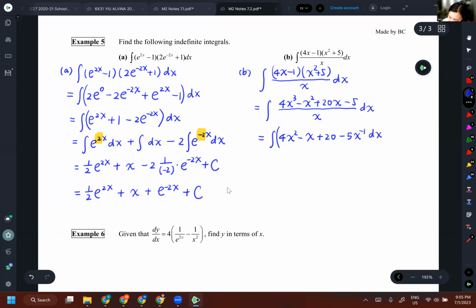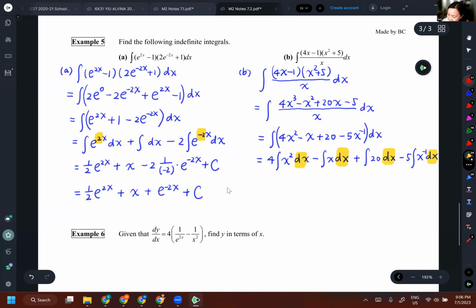And then you separate them. Take out the coefficient. Remember to write dx. Remember to write dx all the time. And then use the formula.